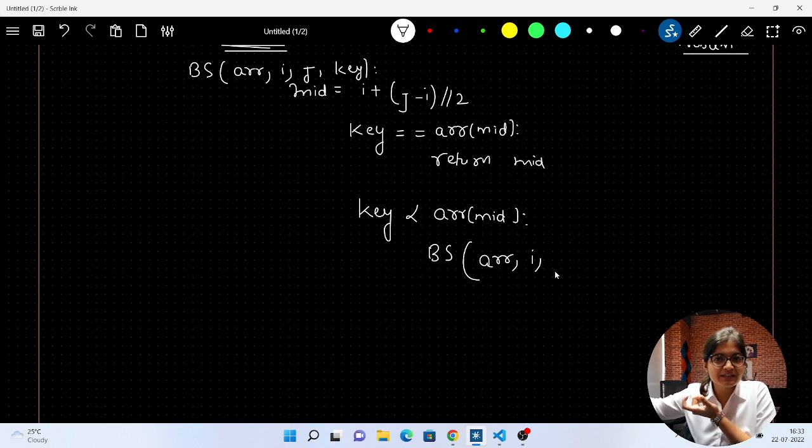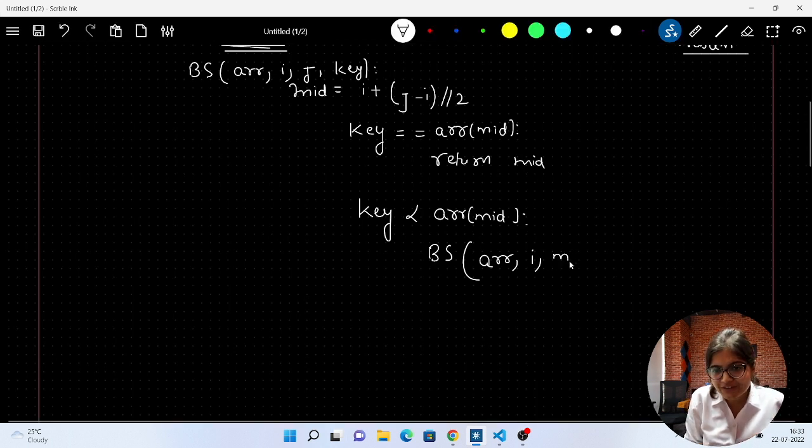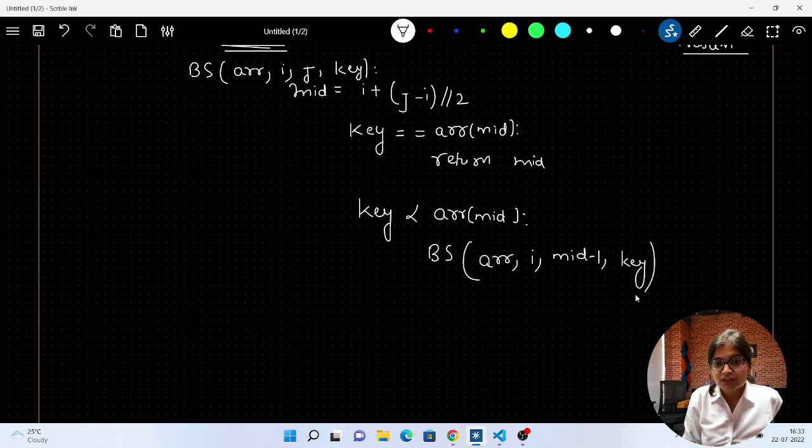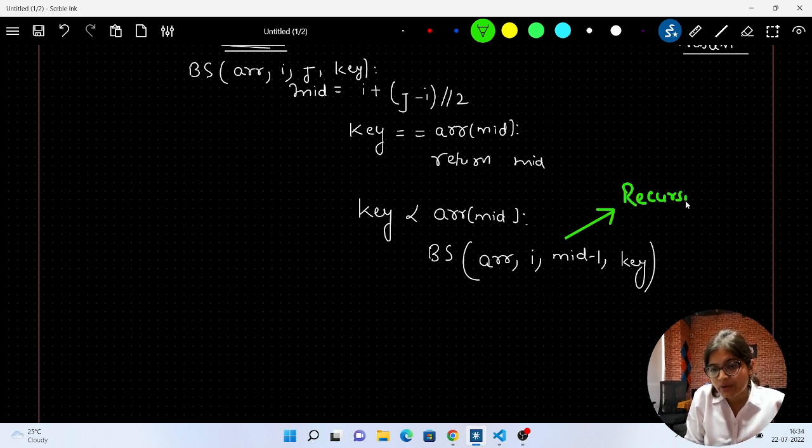Why traverse until j if we know that the element should be present from i until mid minus 1? So I change the parameter j to mid minus 1, and the value of key stays as it is. This is what we understood as recursion, where we call the same function again but with a different set of parameters.